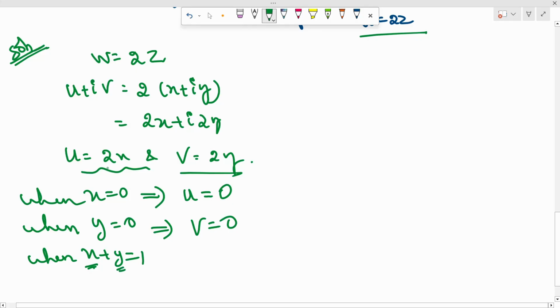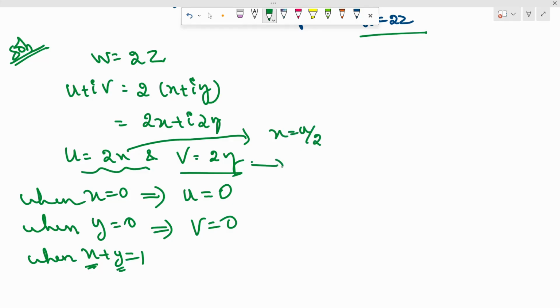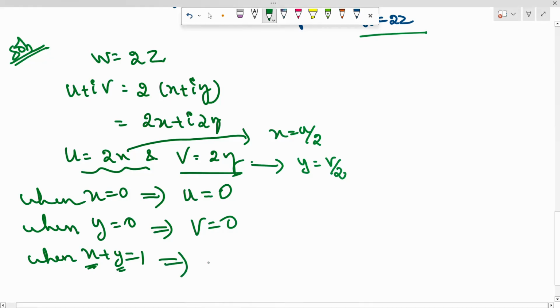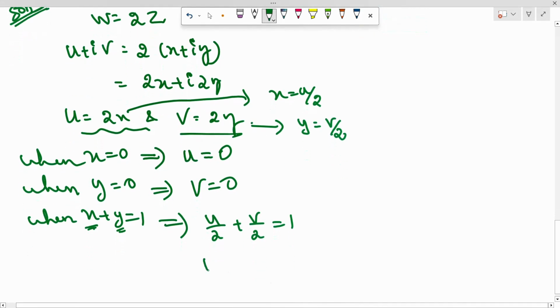From this u we can write x = u/2. From this v we can write y = v/2. Substitute here the x and y values: u/2 + v/2 = 1. Now we can write u + v = 2. These are the w-plane values.